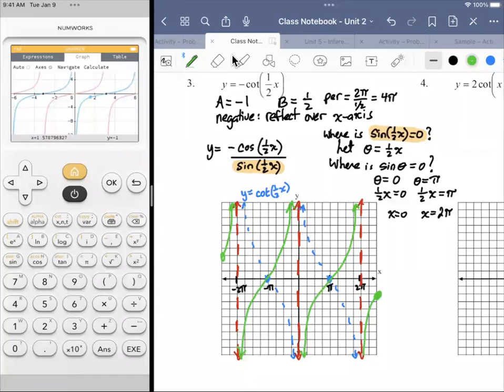The fact that this is negative flips it back to the same orientation as a tangent, but it is still going to be shifted based off of the fact that tangent has cosine in its denominator. So any instance in which cosine is equal to 0 would be a vertical asymptote. And the cotangent has sine as its denominator. So any instance in which sine is equal to 0 would create vertical asymptotes.